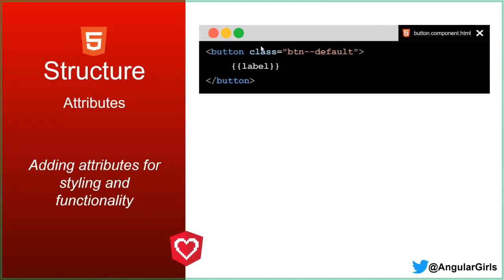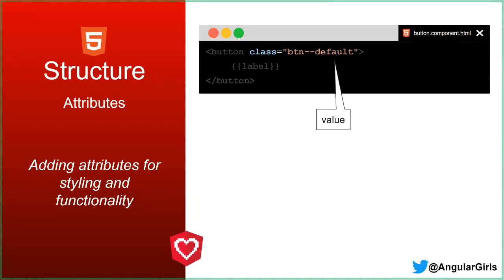For example, the class attribute. Let me show. Each attribute consists of a key, the name of the attribute, and a value. In this case, we have the class attribute, which is for styling, for CSS later, which tells the button, please use this CSS styling definition, in this case, button-default.